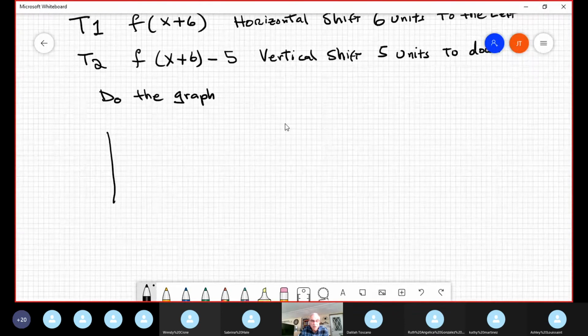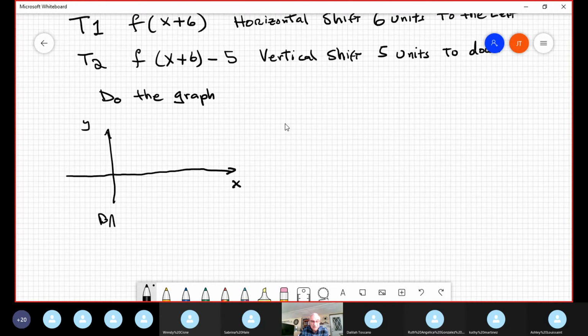Okay, this is my original. So you start by doing the xy. This is the basic function. The square root can look like that. The domain is only positive numbers because the square root of a negative number is imaginary and does not exist. And you select 3 points. 3 points is enough. 0, 0, and 1, 1.